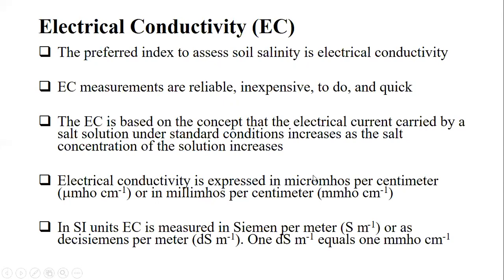These are the older units that scientists used to use. Micromhos per centimeter, or in millimhos per centimeter, mmho per centimeter. These are the old units.